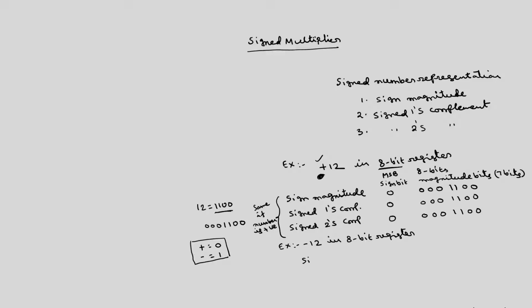If I take signed magnitude, signed ones, signed twos, there will be one sign bit and 7 magnitude bits.